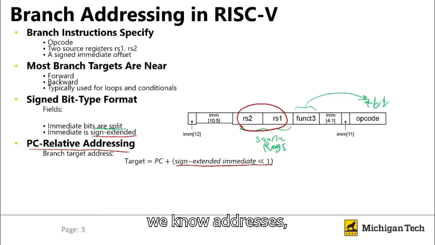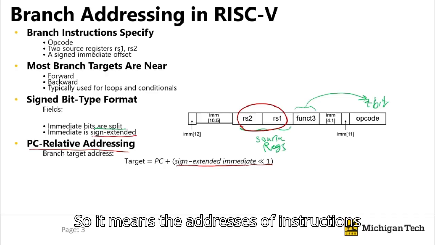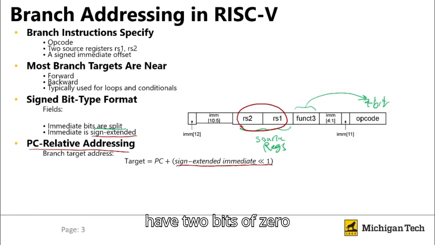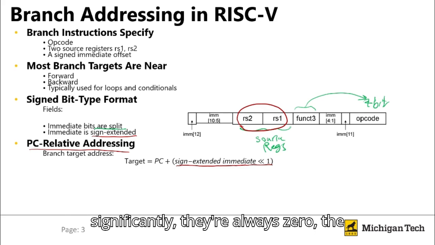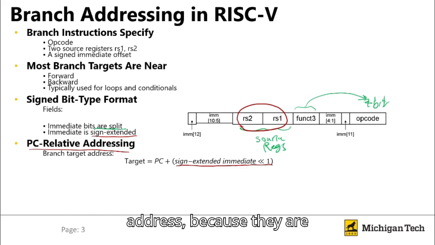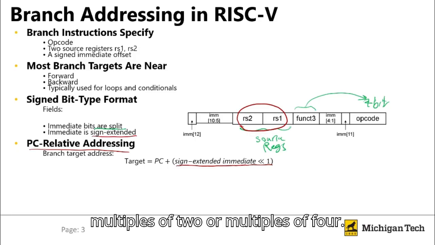Because we know instruction addresses are multiples of 2. In this computer they are actually multiples of 4. So it means the addresses of instructions have 2 bits of 0, or 1 bit of 0. The least significant bit of the address is always 0, because they are multiples of 2 or multiples of 4.